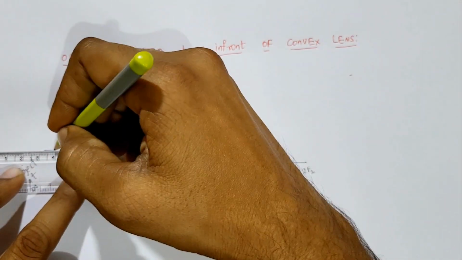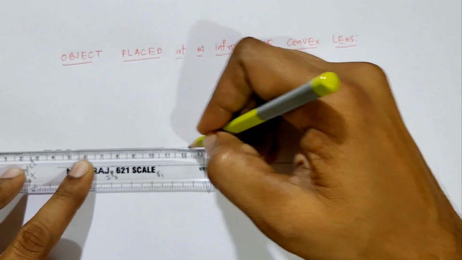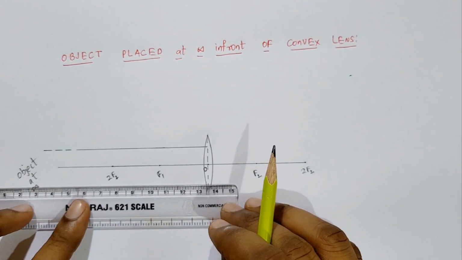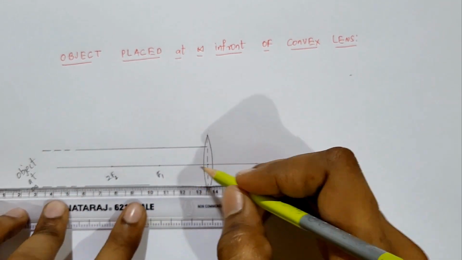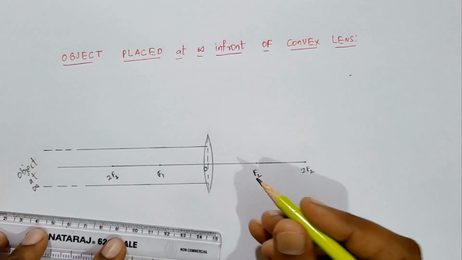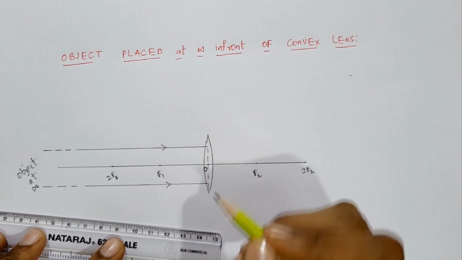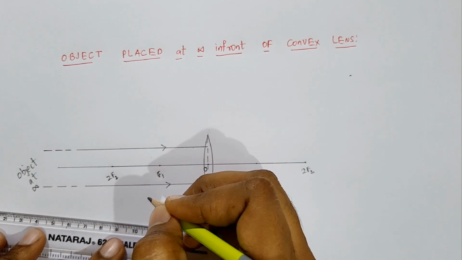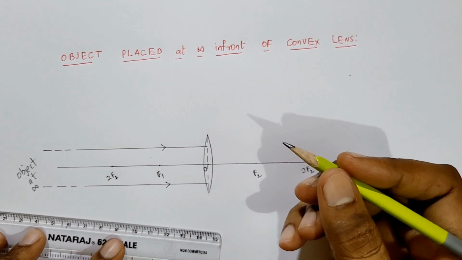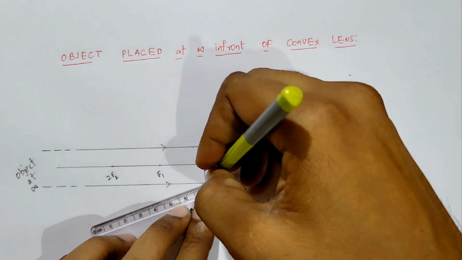So the object is at infinity and light rays are coming from the object, so they are going to start with the dotted lines and they will continue straight, right? So here if you observe, these two light rays are coming parallel to the principal axis. When light rays come parallel to the principal axis, after refraction, how do they have to pass? They have to pass through the focus, correct?